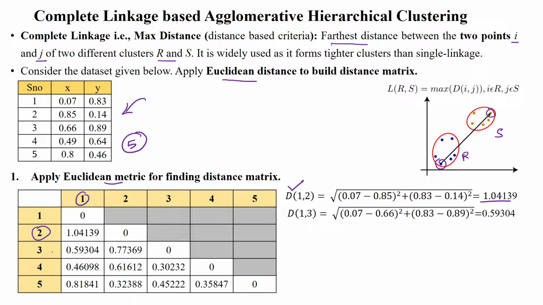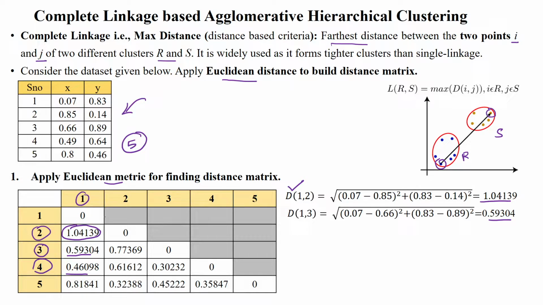1.04139. Then when we are finding the distance between 3 comma 1, we will get 0.59304. And when finding the distance between 4 comma 1, we will get 0.46098. So 1 comma 1 is 0, 2 comma 1 is 1.04139.